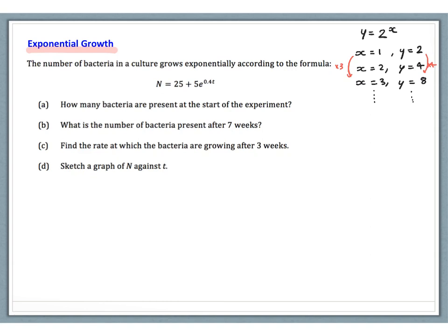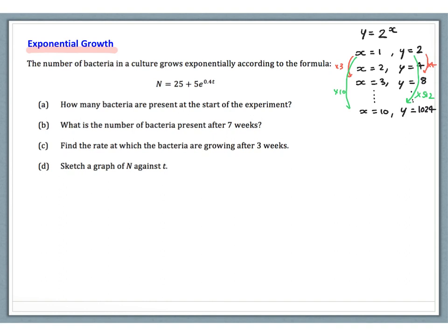If x becomes 10, y is equal to 2 to the power of 10, which is 1024. So our x value has multiplied by 10, but our y value has multiplied by 512. So exponential growth refers to this type of growth where things increase very, very rapidly.